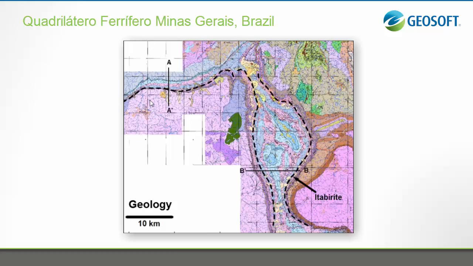It's not really that important what all the geologic units are, but you can see it's a very old Archean banded iron formation. It's a quartz banded iron formation which took the name Itabirite, and Itabirite is actually named after a little town called Itabira, I think. It's right around here.